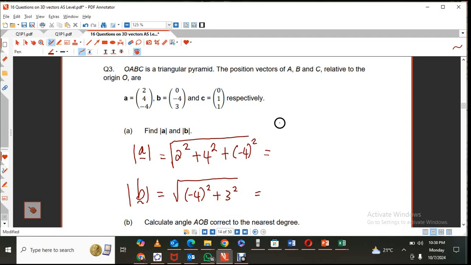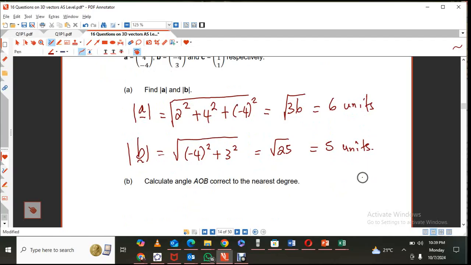So vector A is the square root of 36, which is 6. For B, this is 16 plus 9, which is the square root of 25, which gives you 5. Whatever it could be, units, you can write it in if you want to.